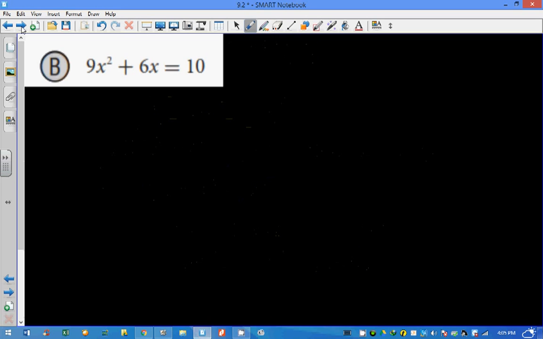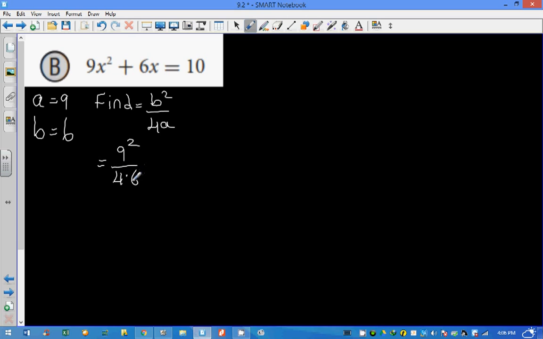And next problem, we are going to identify a, which is 9, b, which is 6, and find b squared over 4a, and it's going to be 9 squared over 4 times 6, 4 times 9, sorry, and this is 6 squared.